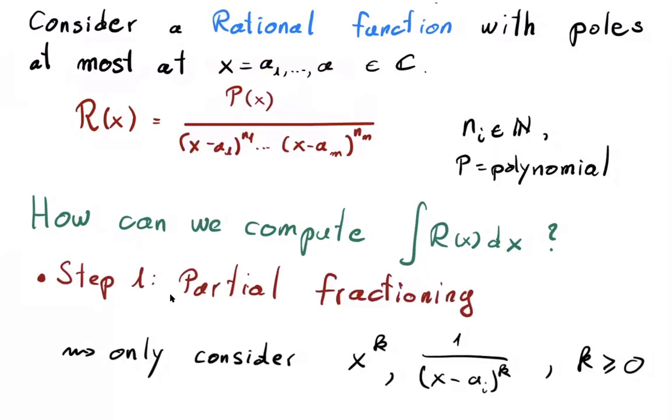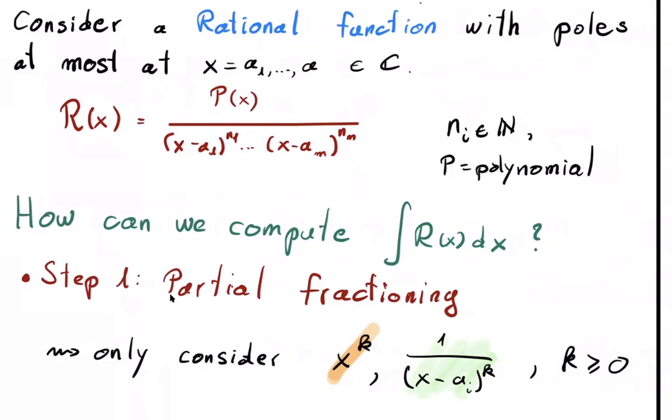The first step is the partial fraction. If you partial fraction, then you quickly realize that the only things that you need to understand is how to compute integrals of powers of x or of powers of inverses of x minus a_r. Those are the only things you need to understand.